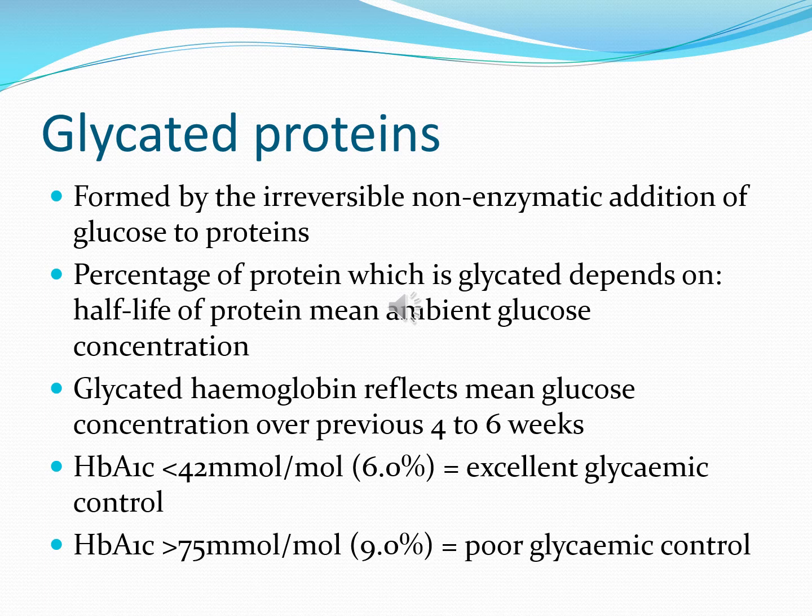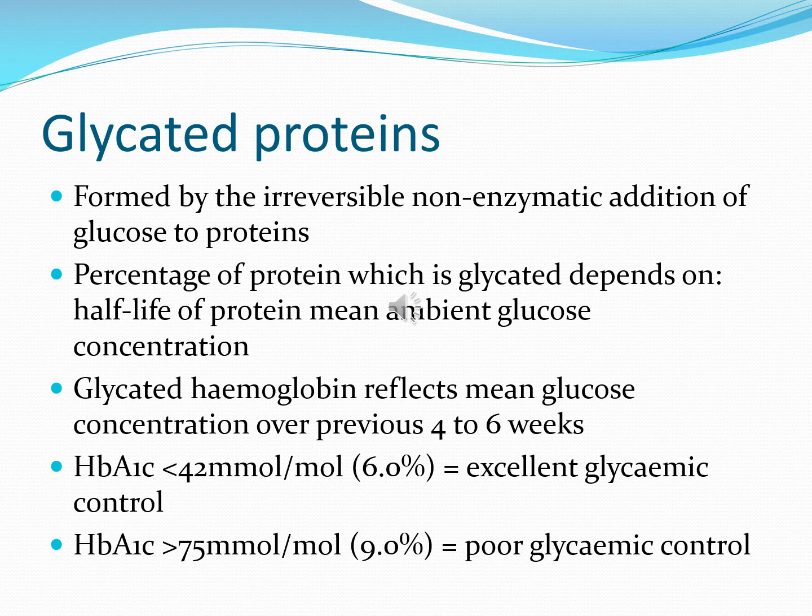So glycated hemoglobin, or HbA1c, is formed by the irreversible non-enzymatic addition of glucose to proteins. The percentage of protein which is glycated depends on the half-life of the protein and the mean ambient glucose concentration.